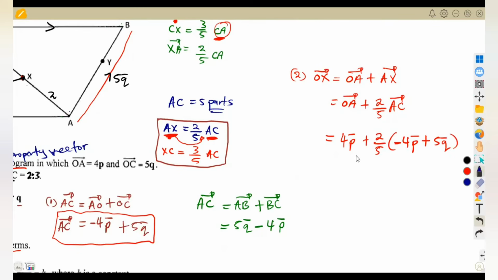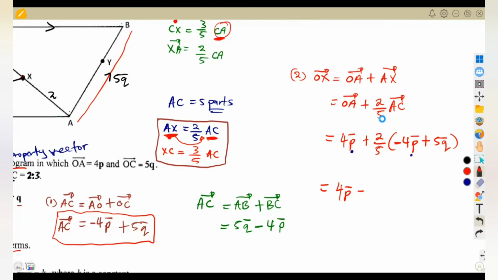So as you can see, they are like terms. We've got vector P, vector P. So we need to expand the brackets so that we can collect the like terms together. So you multiply here, use your calculator. 2/5 times -4 is going to give you -8/5. So there you just simply need a calculator in order for you to attempt this, or let me just have it on the calculator.